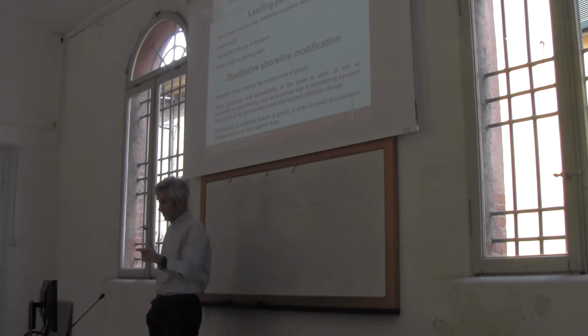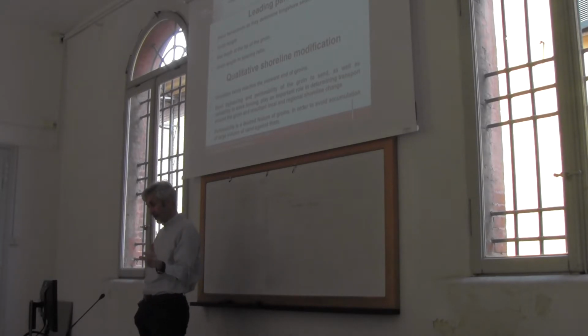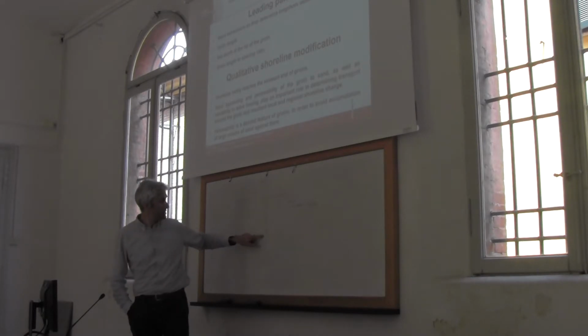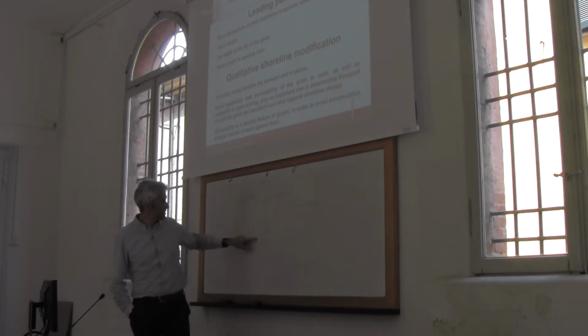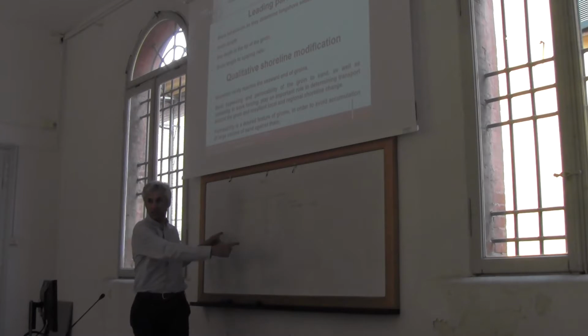Wave behavior, groin length, depth at the tip of the groin. Tip is the head of the groin. It's here. Okay. And groin length is the dimension of the groin in the cross-shore direction versus their spacing, the distance between groins in the longshore direction.